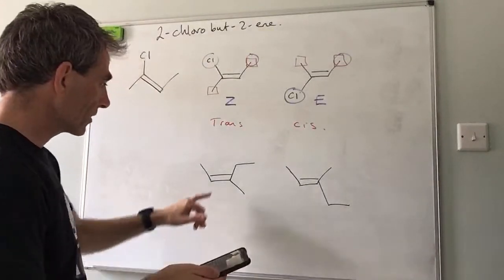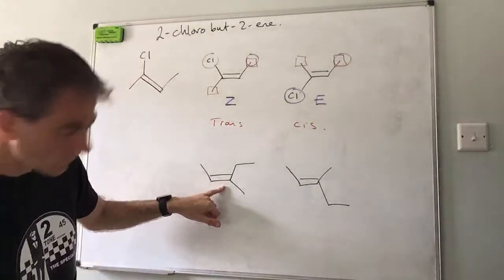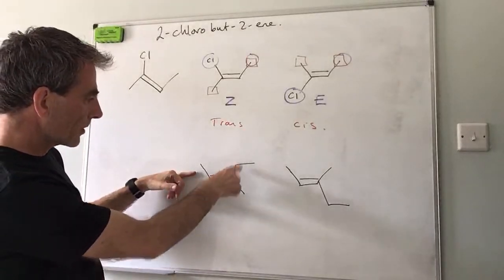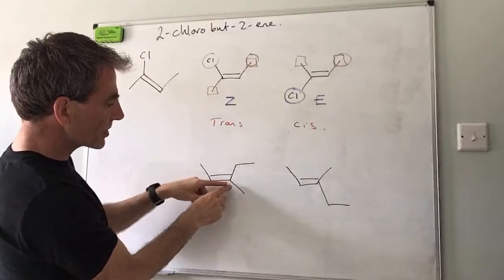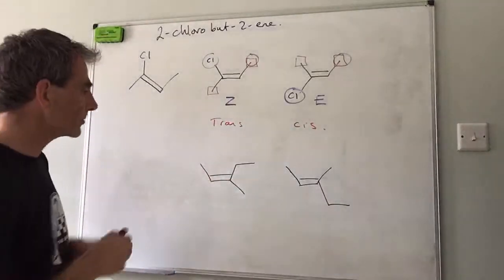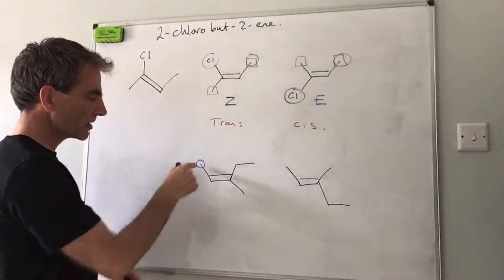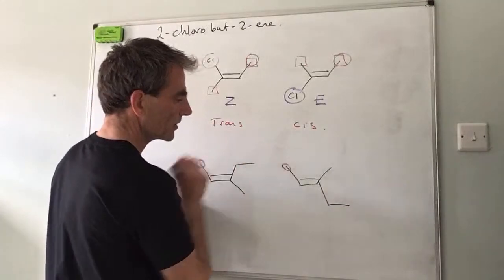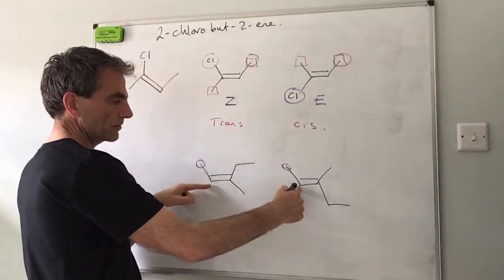Right, okay. So basically, what do you do? Because if you see here, it's easy to see priority on this one, okay? So that carbon beats that hydrogen there. So that's the priority group on this carbon, okay?